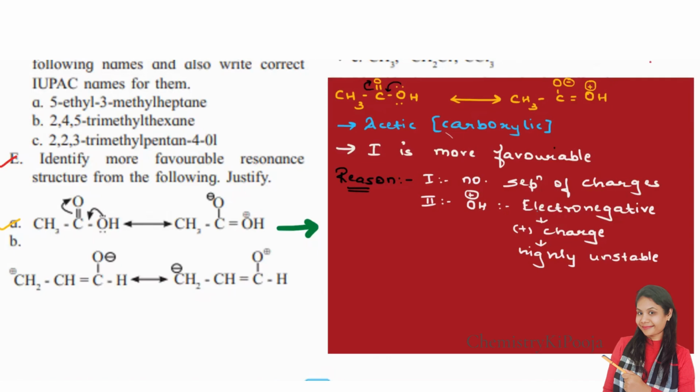Again, it is of a similar type. Here we have given CH2, CH, COH. Now again the same thing. I can see that there is a separation. I'll write down. This is CH2, single bond.